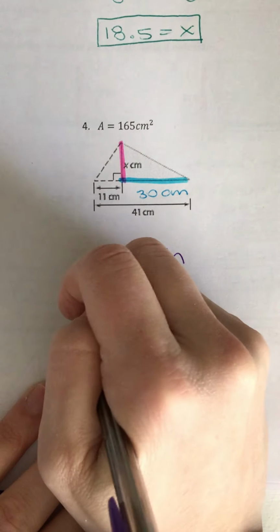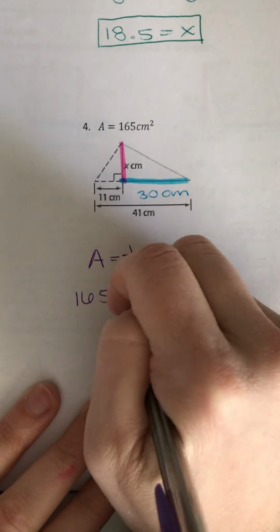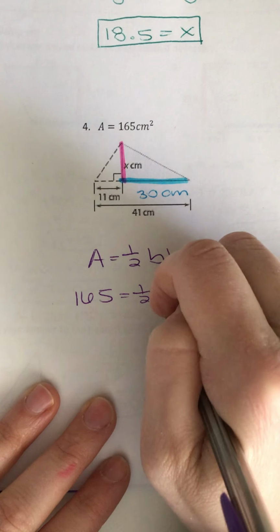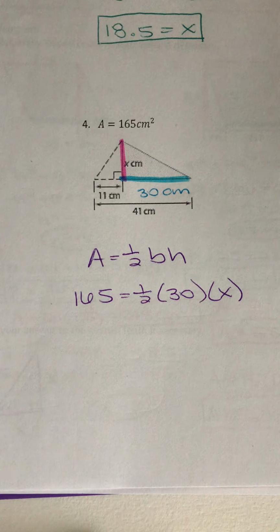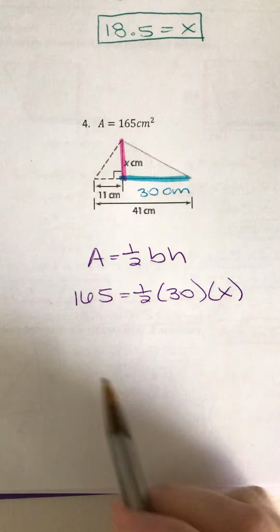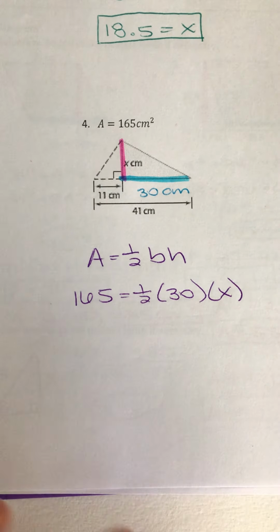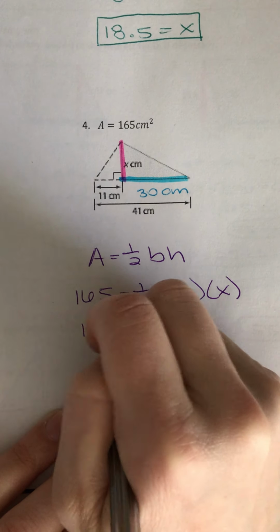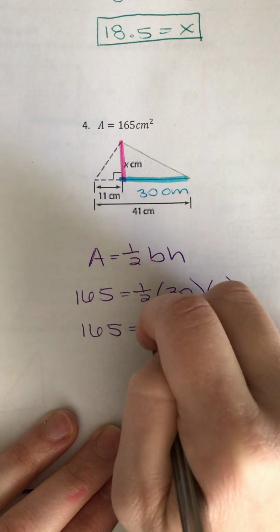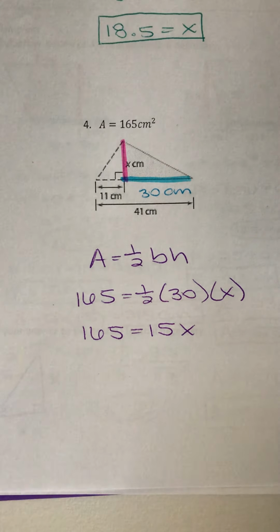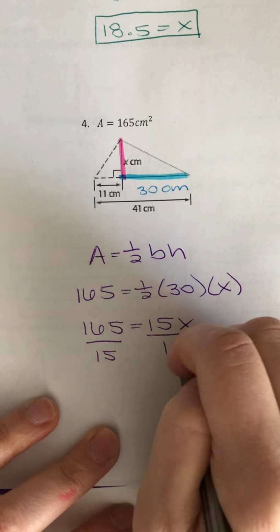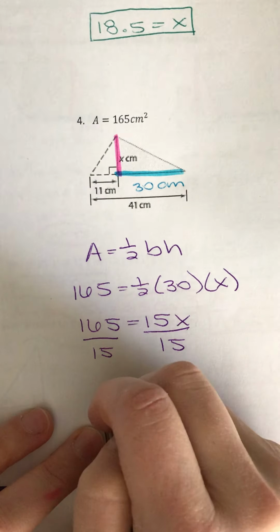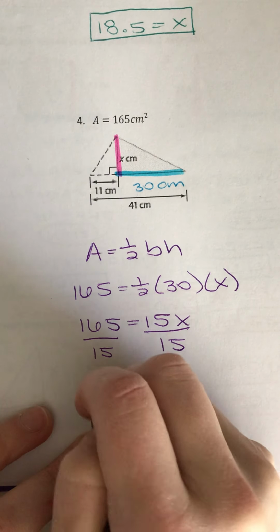My area is 165. My base is 30. My height is x. Half of 30 is 15. Divide both sides by 15. And we will get 11 equals x.